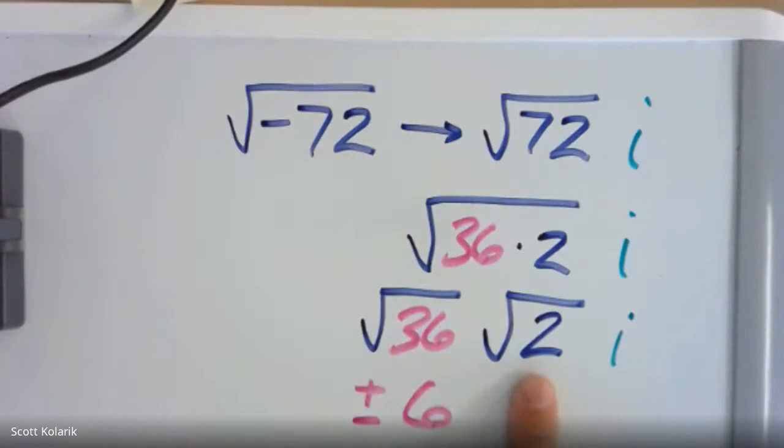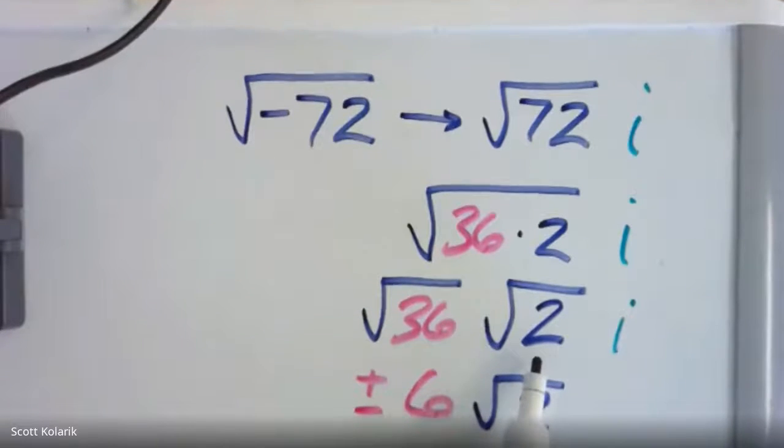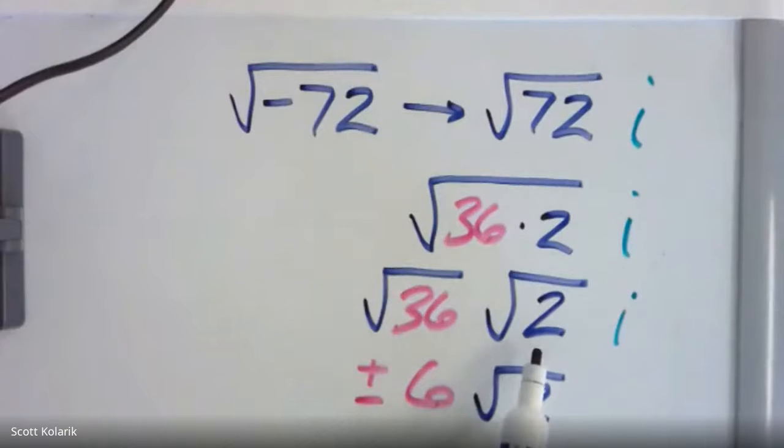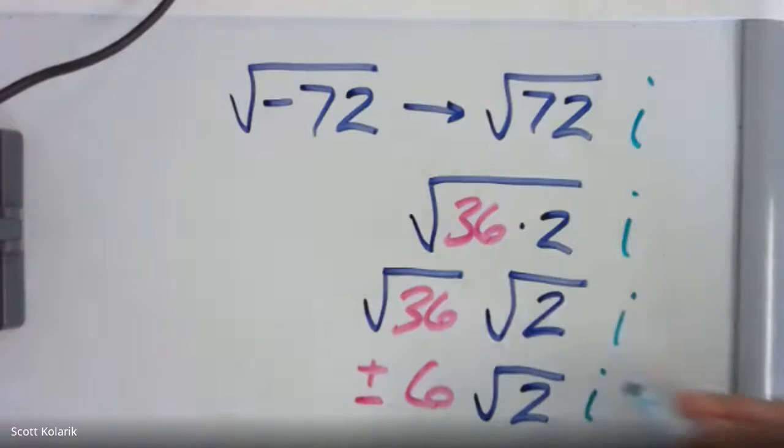The radical 2 can't be simplified further. So that stays radical 2, because if I were to attempt taking the square root of 2, it would give me a decimal, and there's no other perfect square that can go into 2. And then again, this i hangs out at the back end.